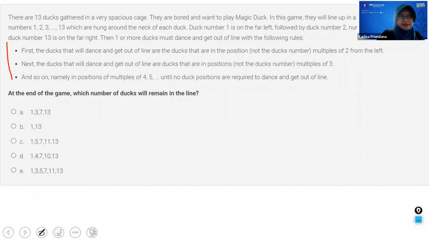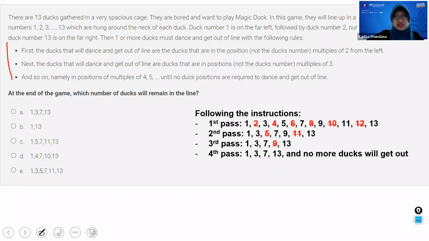You know that the first ducks that will have to go out and must dance are the ducks in the positions multiples of 2 from the left. So in the first pass, we have to calculate multiples of 2, so ducks that will go out of line will be ducks 2, 4, 6, 8, 10, and 12.